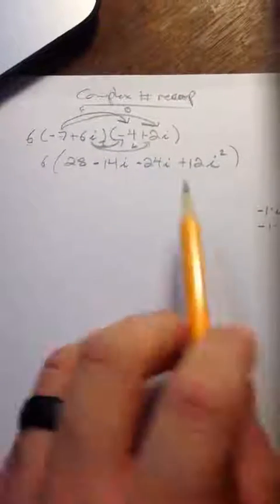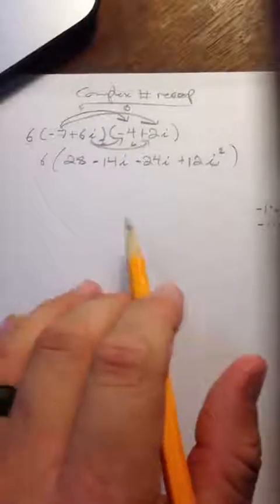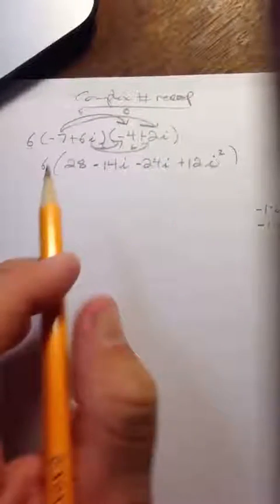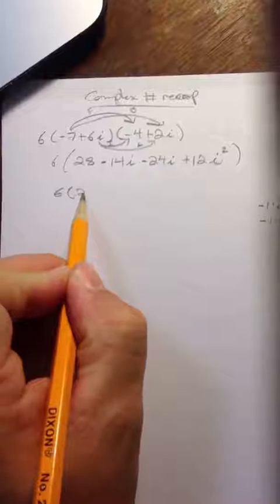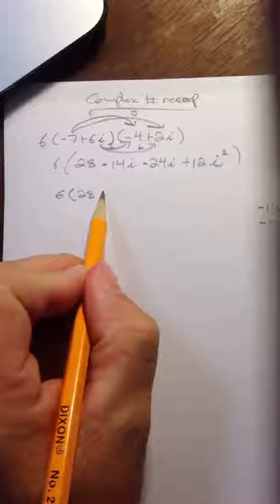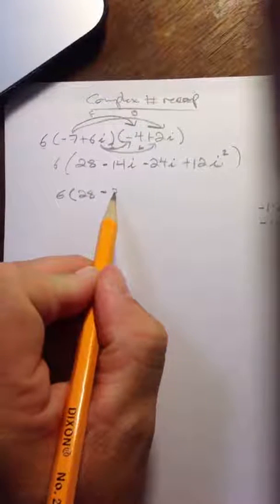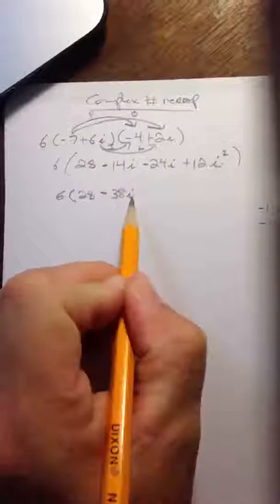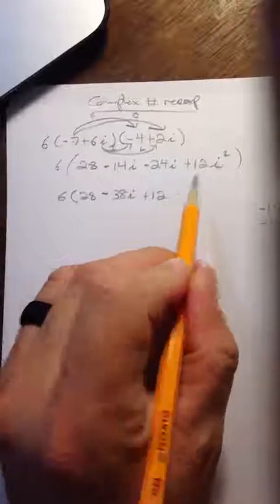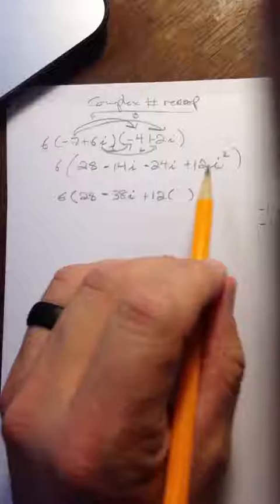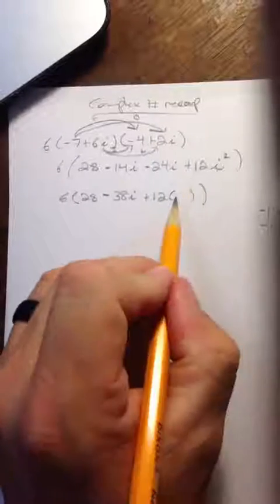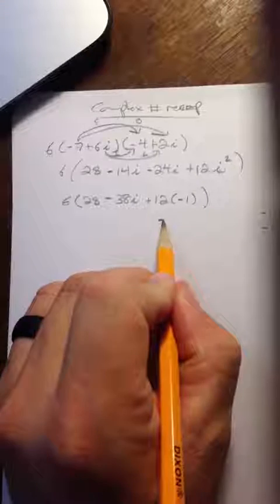The only new thing is the fact that you have i's and i squareds in there. But structurally, it's the same. So you've got 28, a minus 38i, plus 12. Now, here's the kicker. i squared is really negative 1. So that's going to be a negative 12.